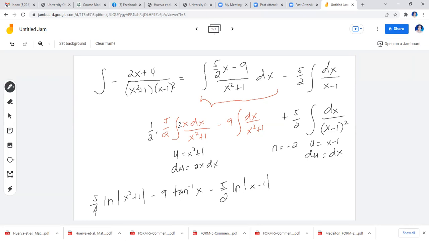If you use power rule, this would be negative 1 over negative 1. So I'll make this negative minus 5 halves times 1 over x minus 1, because this exponent here becomes negative 1 already after using power rule, plus c.